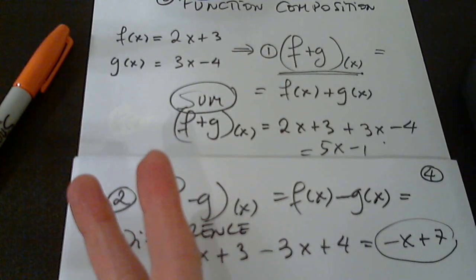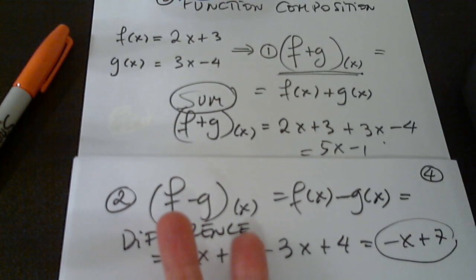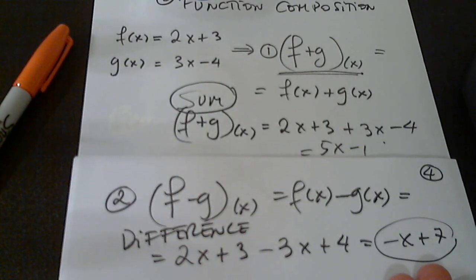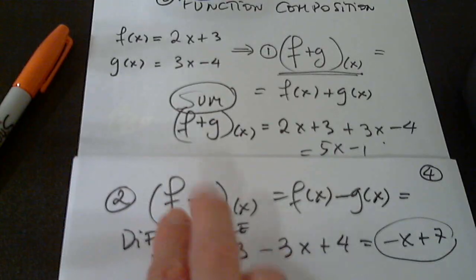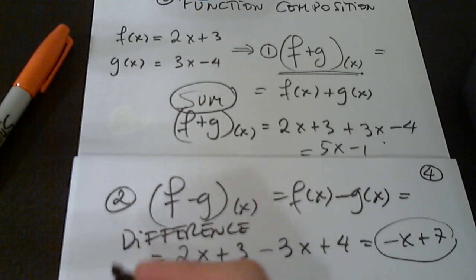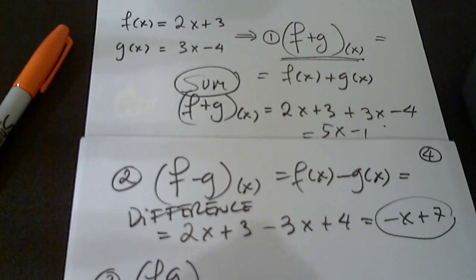So when we have two functions and we want to create the difference of those two functions, I can create g minus f if I want to, or f minus g, doesn't matter. I get a new function. I will not get the same function if it's g minus f, but I get a new function. And number 3, let's say the product. This is the way we write it.